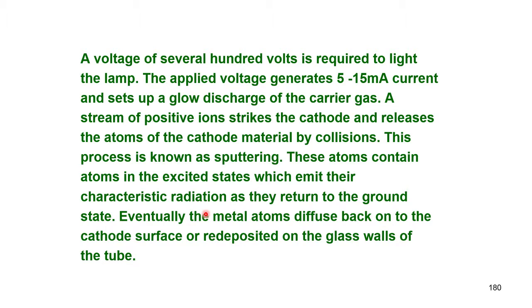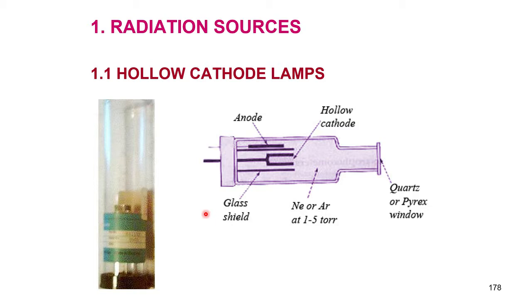The applied voltage generates a current of 5 to 15 milliamperes, and this current sets up a glow discharge of the carrier gas. What do we mean by carrier gas? It is the neon or argon, this is the gas here, and it sets up a glow discharge like this.